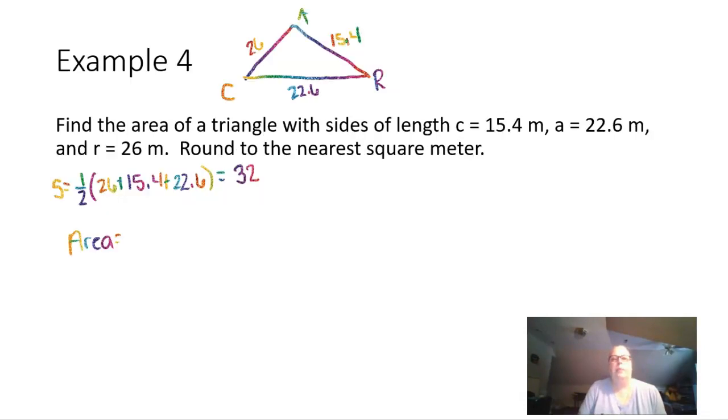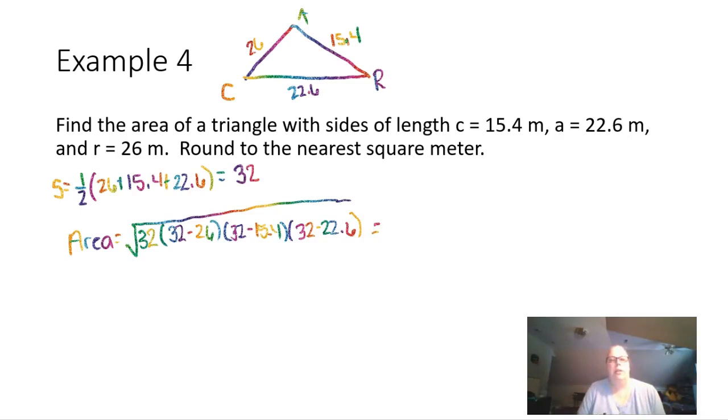So we have 32 times 32 minus 26 times 32 minus 15.4 times 32 minus 22.6, and then we square root all of this. Let's put this in the calculator. Rounding to the nearest square meter gives me 173 meters squared.